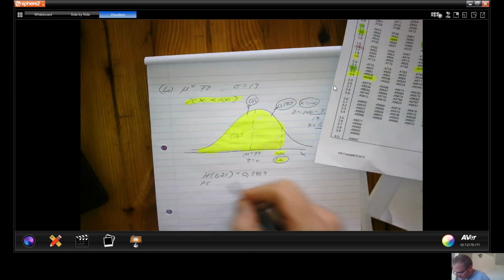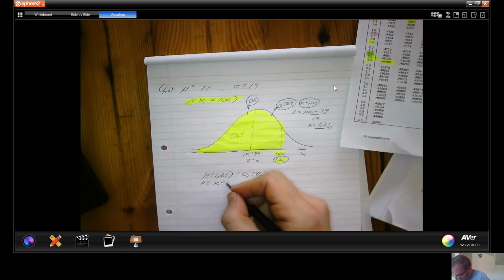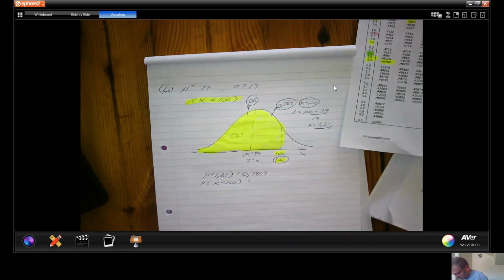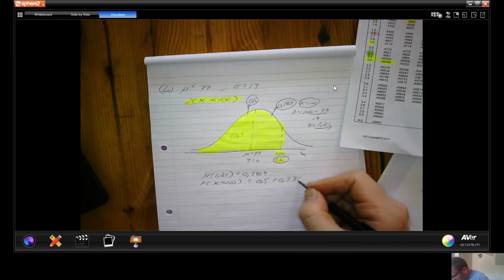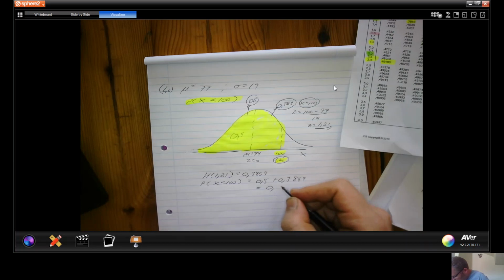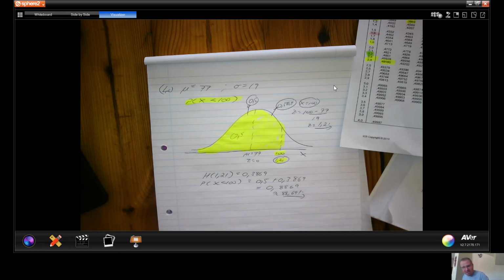So the probability that somebody has an IQ lower than 100 is going to be 0.5 plus 0.3869, which is 0.8869. So approximately 88.69% of people in this country have an IQ lower than 100.